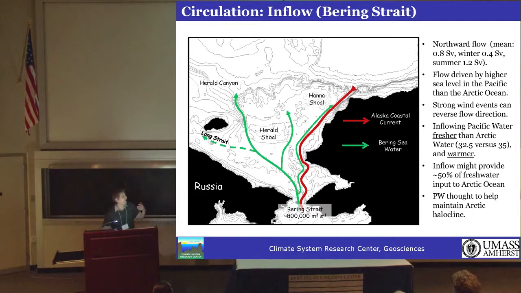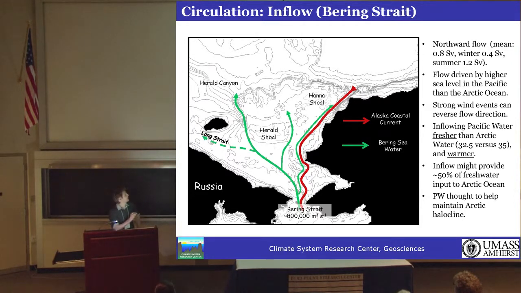There is a seasonal signal to the inflow through Bering Strait. It's weaker in the winter and stronger in the summer. I'll talk a bit more about that in a minute. We can add a few more arrows in, and things start to get a little more complicated. Estimates have been made of the transport through various regions. Herald Canyon carries 0.3 sverdrups, so 300,000 cubic meters per second of water.